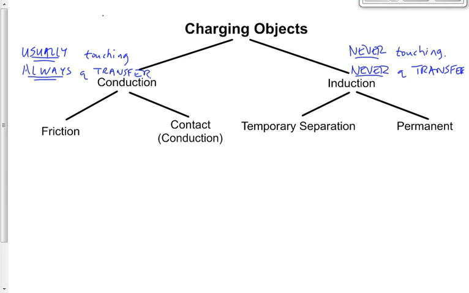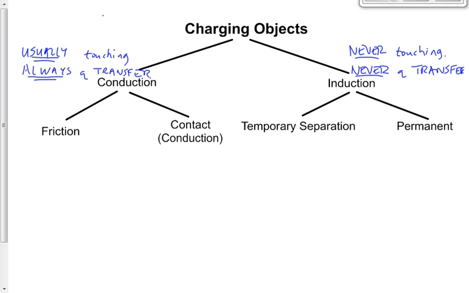You reach over, you touch somebody, you get a shock. They get a shock, you get a shock. Charge has been transferred, you've touched them, it's clearly charging by conduction. The next time you walk across the carpet, you shuffle your feet, you go to touch somebody, and just before you make contact, what happens? The charge arcs, the electrons arc. They jump from your finger to their ear or finger or whatever it is that you're touching.